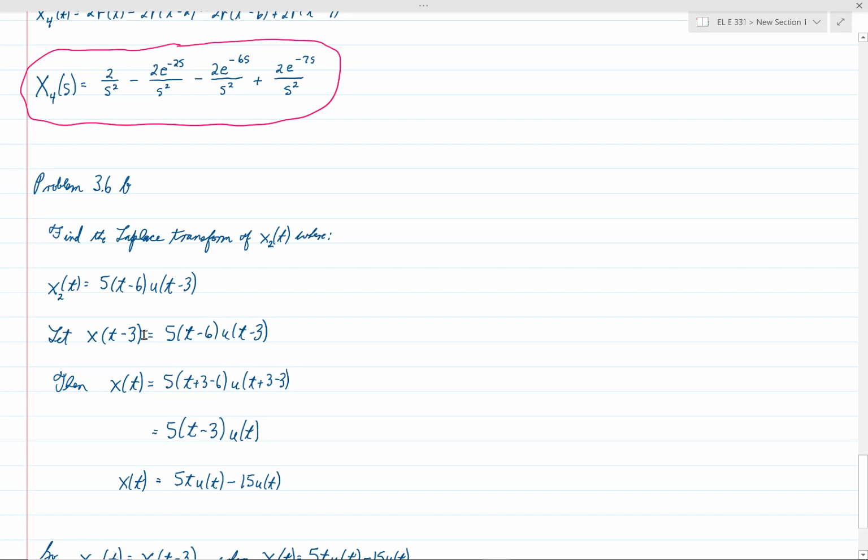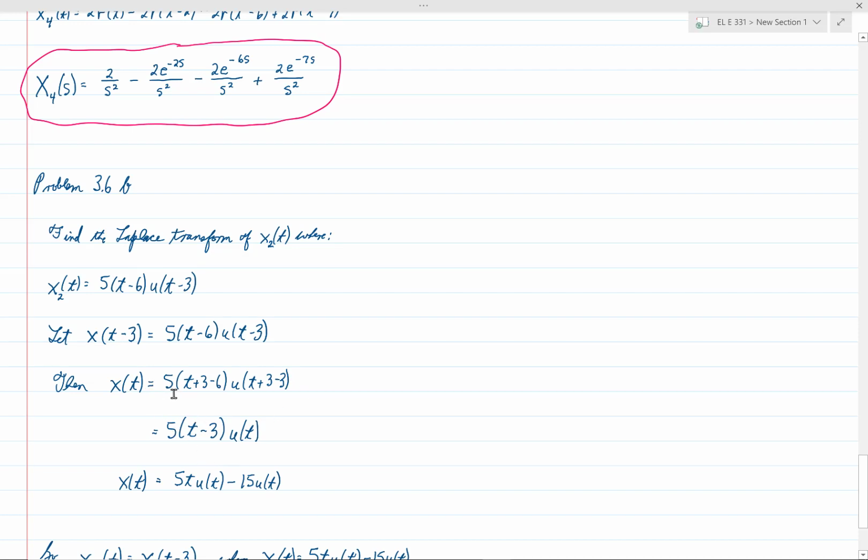And now, everywhere in that equation, I'm going to replace t by t plus 3. So then I'll have x of t plus 3 minus 3, which will just be t. And when I replace this t by t plus 3, then I get t plus 3 minus 6. And then this will become t plus 3 minus 3.